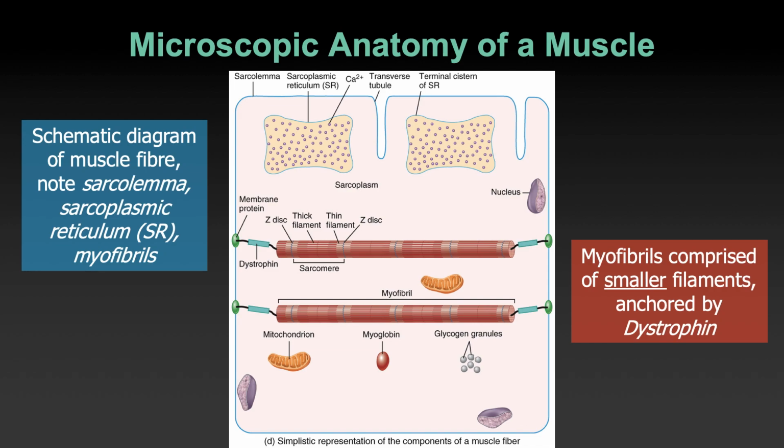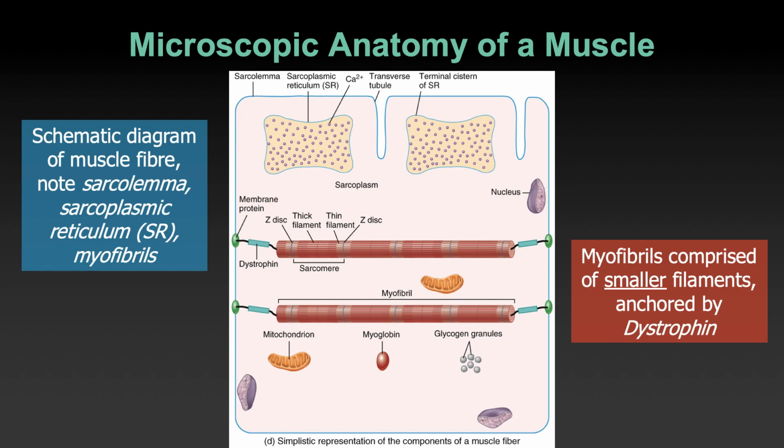The fibrils are anchored at the ends of the muscle fiber by a protein called dystrophin. You might have heard of muscular dystrophy. It's a degenerative, terrible disease that's characterized by accelerated wasting of muscle.